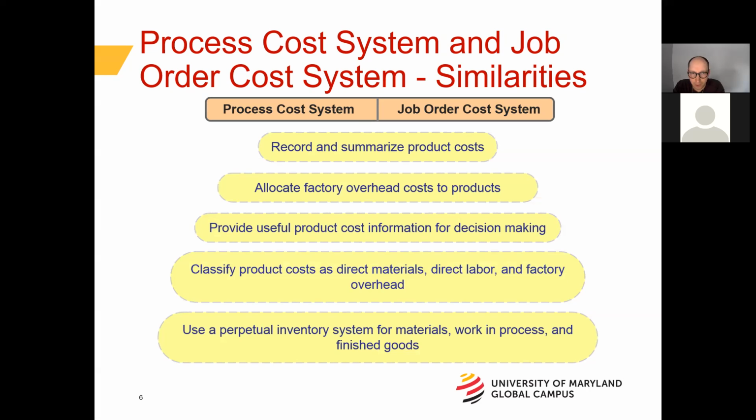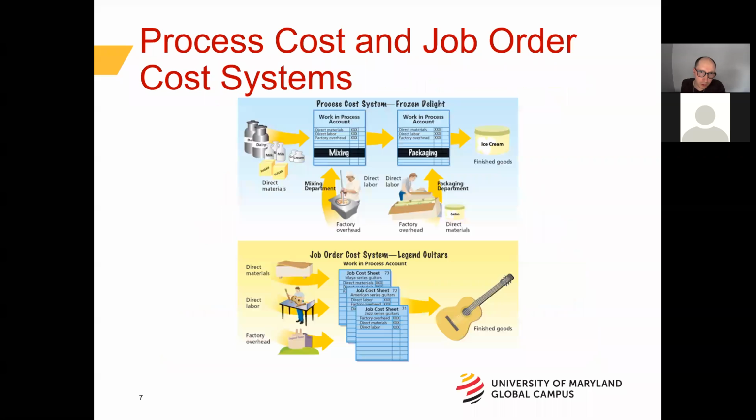So they have those elements in similarity. They both utilize these same things. But again, the primary difference between the two is when we talk about process, we talk about continuous. When we talk about job, we talk about customer orders. And that's really the crux of it.